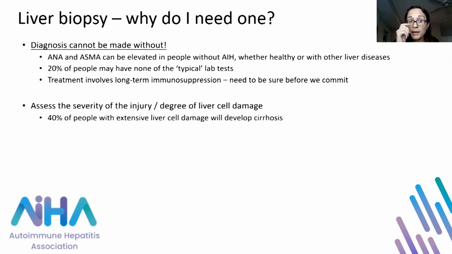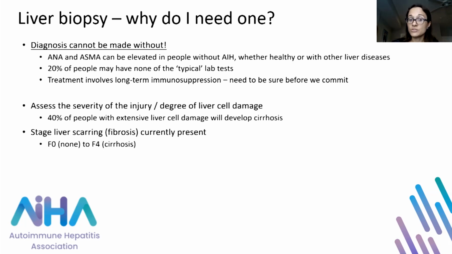But the liver biopsy can actually give us a wealth of additional information. Number one, it can tell us about the severity of the injury and the degree of liver cell damage. So we know that about 40% of patients who have extensive liver cell damage at the time of the biopsy at diagnosis will then develop cirrhosis down the line. So that can give us a little bit of a window into the future.